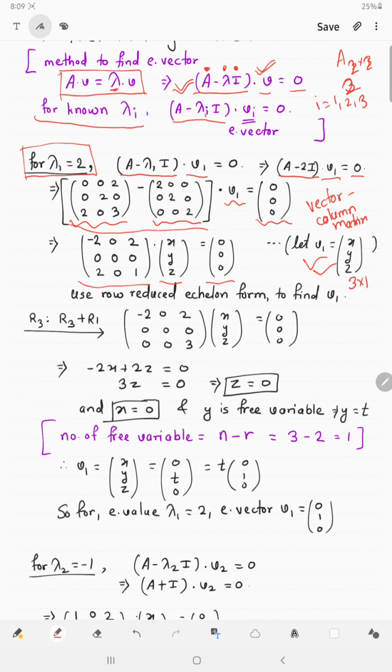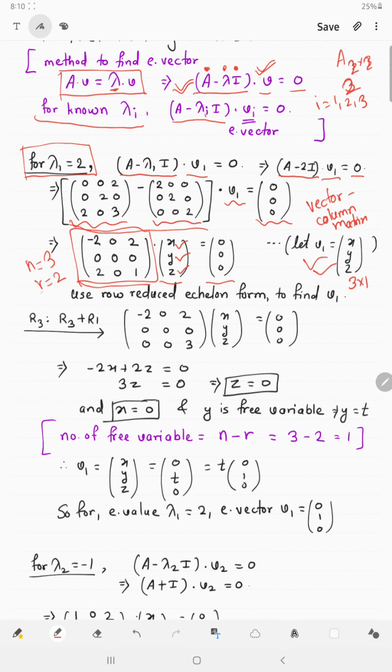Now look at this matrix. Here n equal to 3 and r equal to 2. We require these values. Why? n is the number of unknown variables. Here x is unknown, y is unknown, z is unknown, so the number of unknown variables is 3.